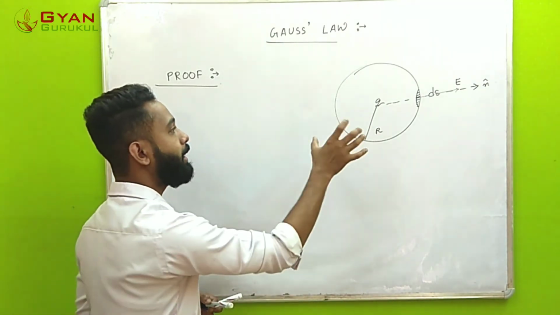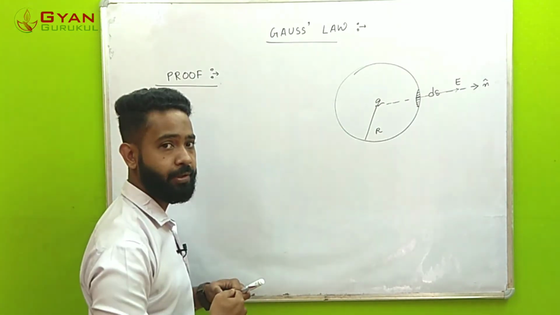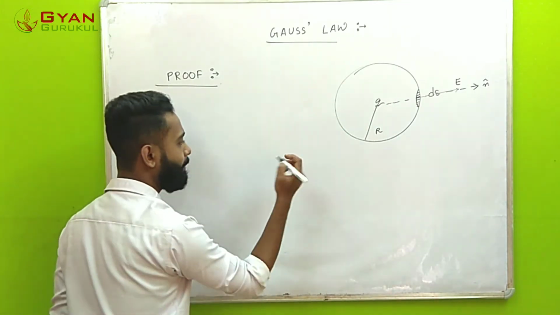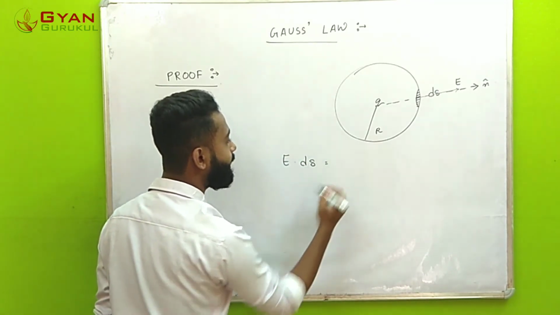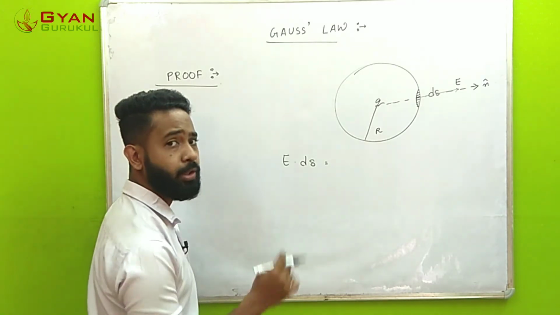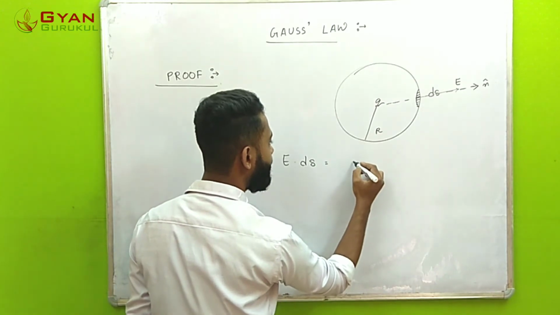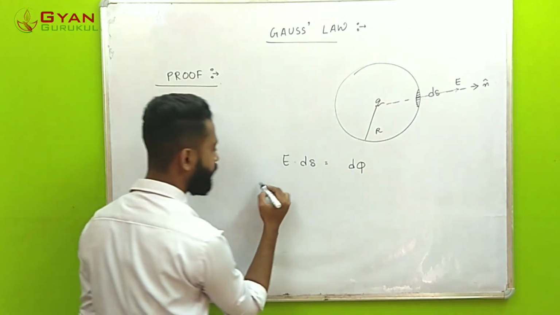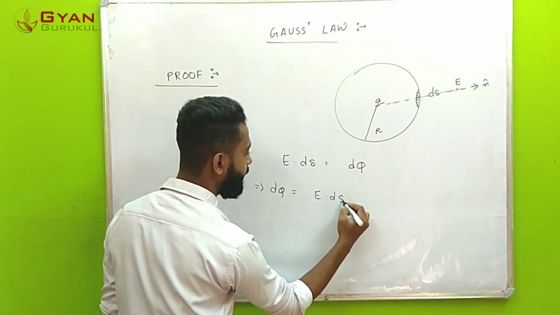So if I have to write down the expression of electric flux for that particular surface, that can be done as E dot ds. So E dot ds is going to give me the smaller phi for this smaller surface. So let me take it as d phi. I can write d phi equals E dot ds.